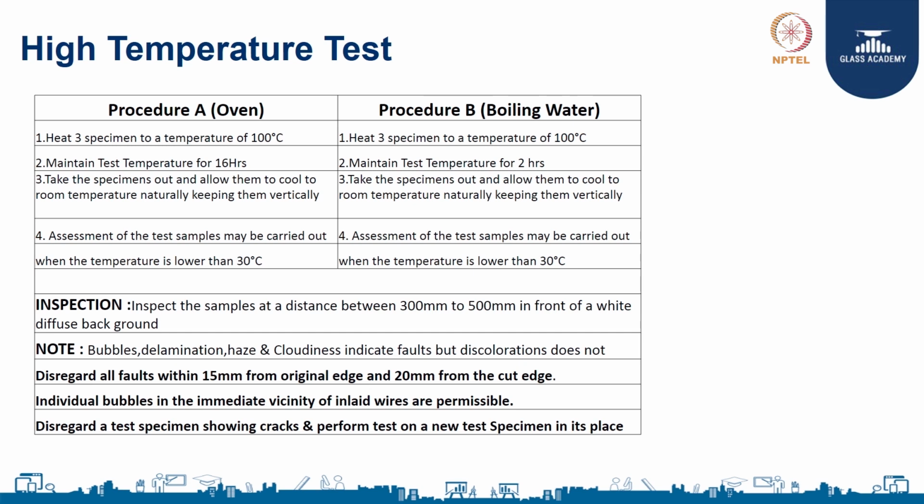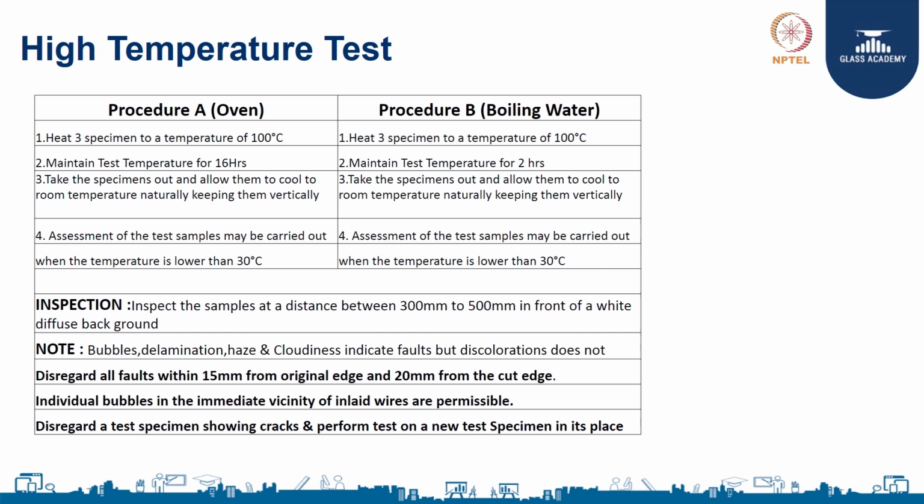Disregard all faults within 50 millimeter of the original edge and 20 millimeter from the cut edge. Individual bubbles in the immediate vicinity of inlaid wires are permissible. Disregard a test specimen showing cracks and perform the test on a new test specimen in its place. This is what the high temperature test says.